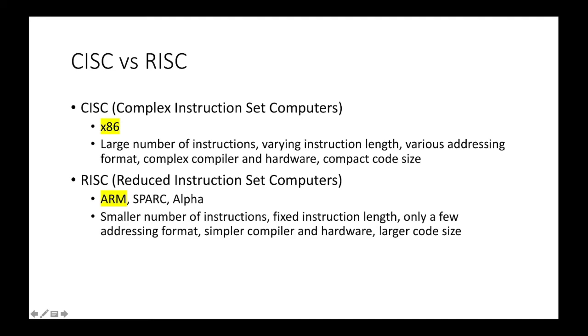In contrast, RISC, reduced instruction set computers, has a smaller number of instructions, fixed instruction lengths, and only a few addressing formats. Therefore, compiler and hardware are simpler, but machine code is usually a bit larger in size. ARM is a good example of a RISC machine.